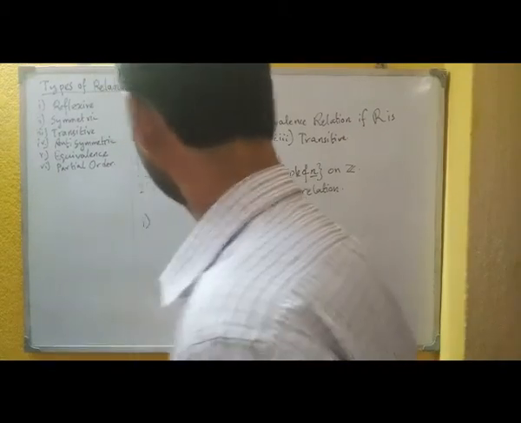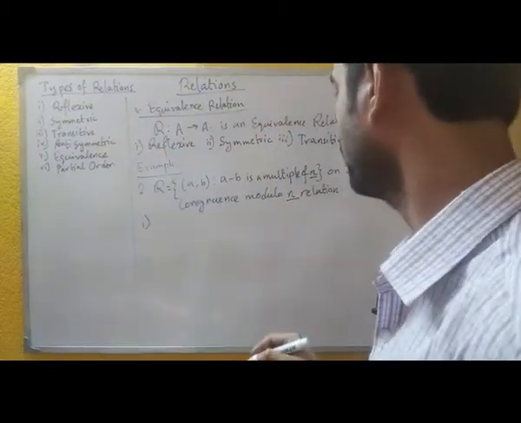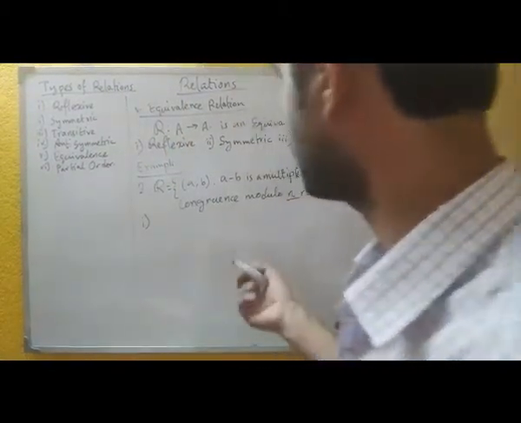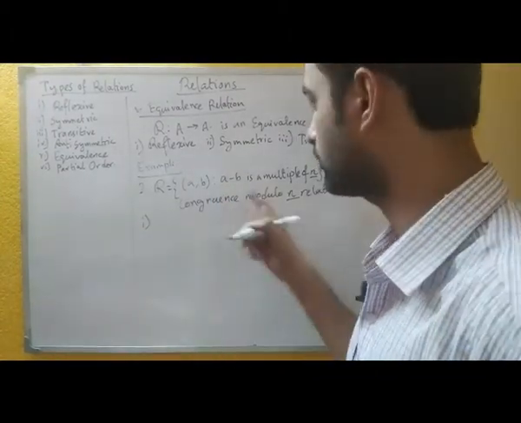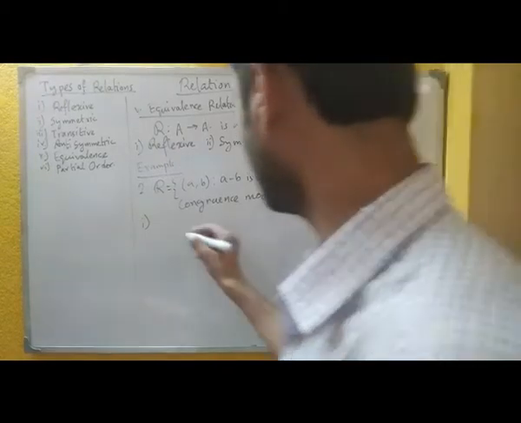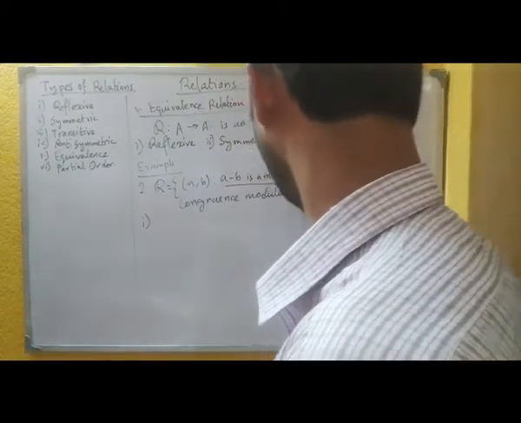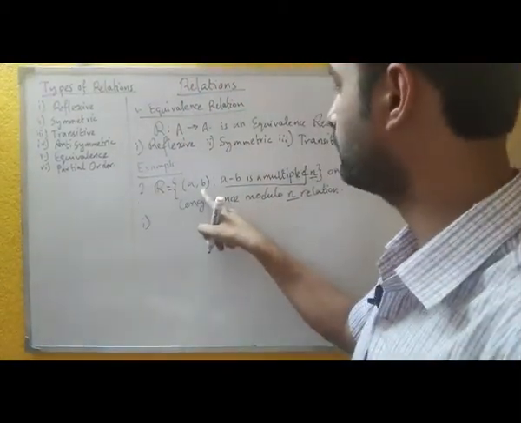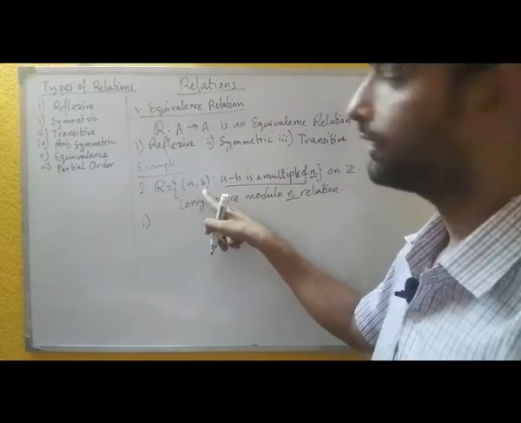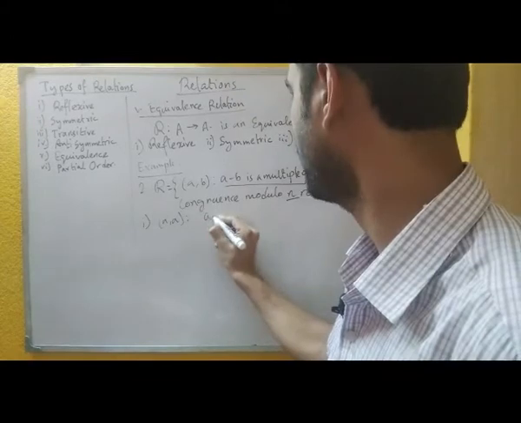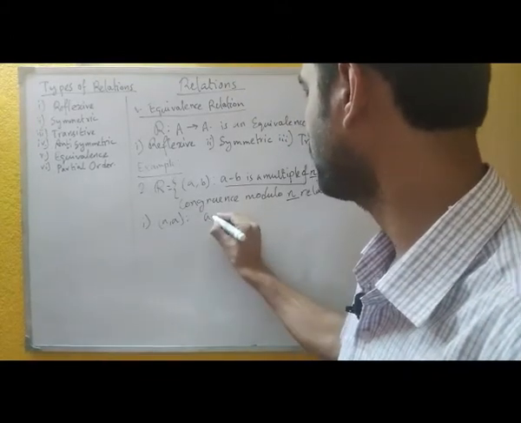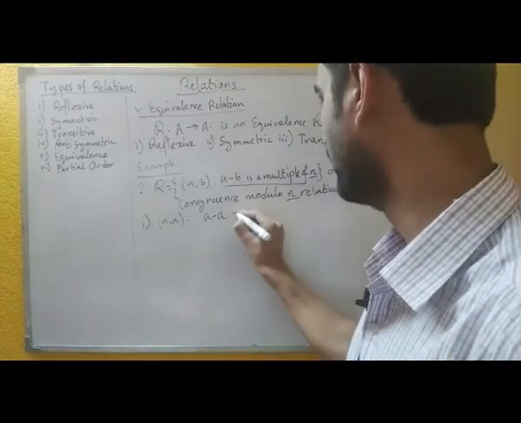The first one that we check is the reflexivity. So what we have to check is whether (a, a) belongs to the relation. Clearly for that we have to check a minus a, because instead of b we are taking a. So for the element (a, a) we have to check whether a minus a is a multiple of n or not.